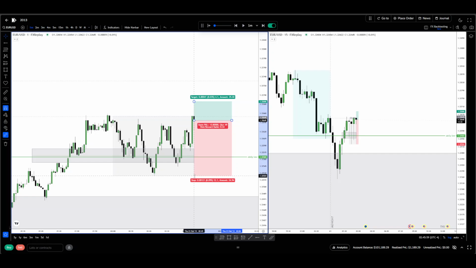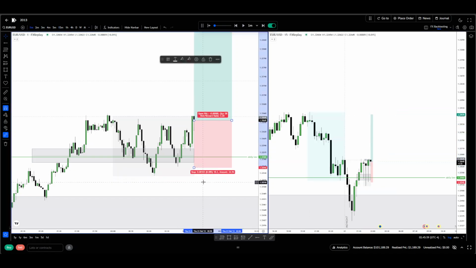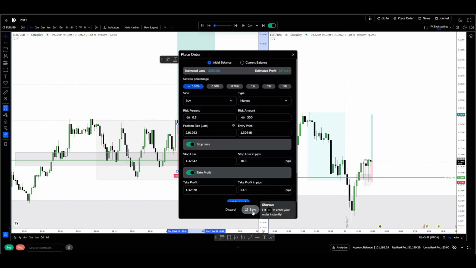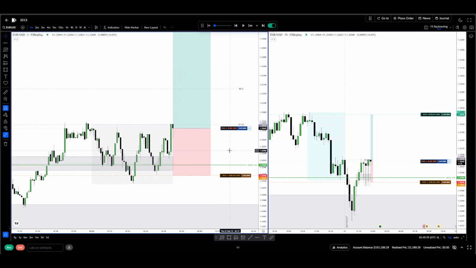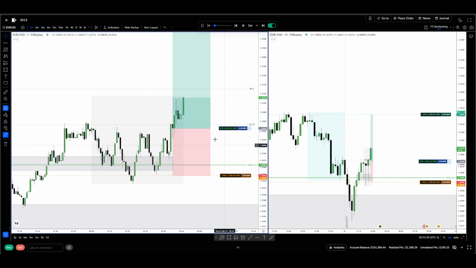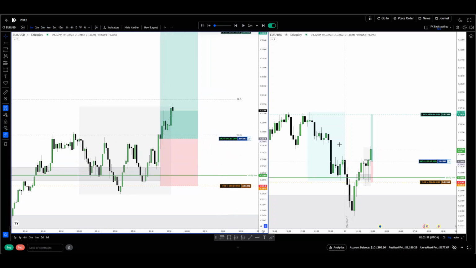Stop over there. Target there, maybe most of that, and then going in the market. Price was also held back by the midnight opening price, which acted as resistance a few times. Now we got liquidity and are creating some more fake resistance, and now we are trading through it.